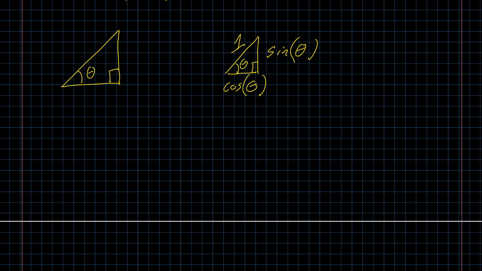But that's the idea. If you know the angle, then there is a prototype triangle whose hypotenuse, the side opposite the right angle, is 1, and the other sides are these measurements of sine and cosine.